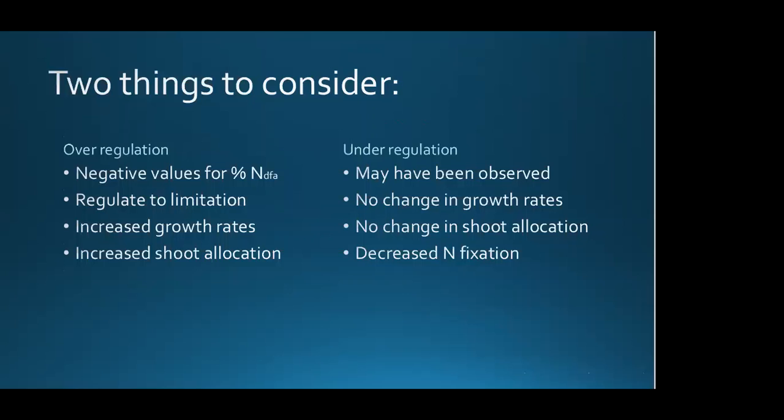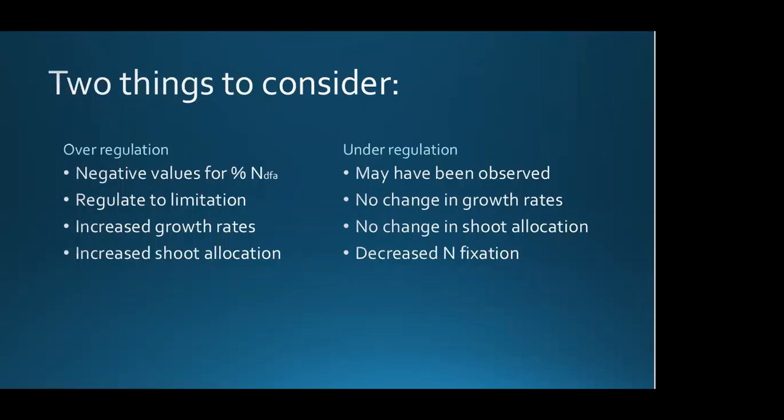A couple of things to consider with my findings. First, the overregulators had negative values for the amount of nitrogen derived from fixation. However, NDFA does not drop below 0 as far as I know. Either there is fixation resulting in a positive value or there is not, resulting in 0.